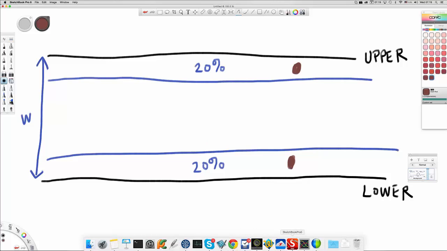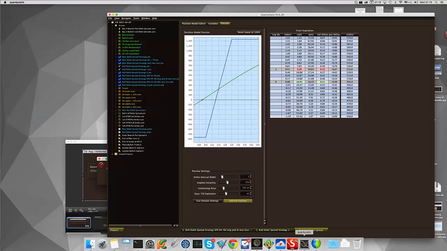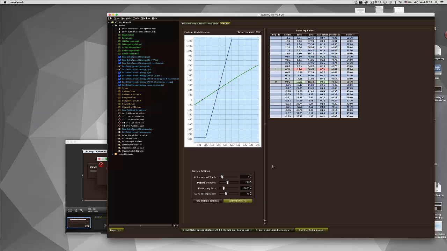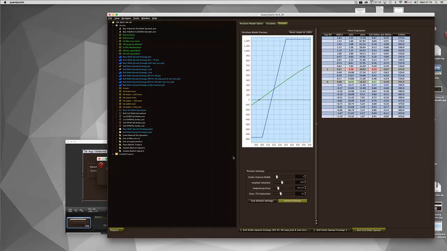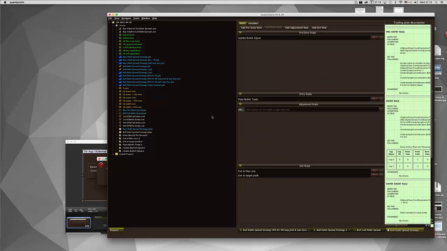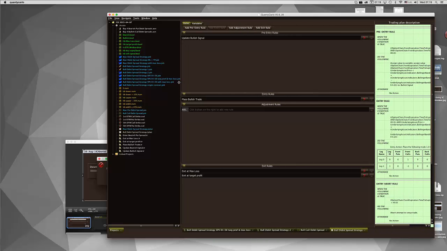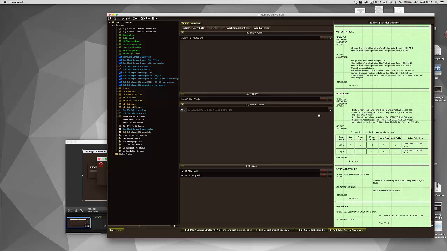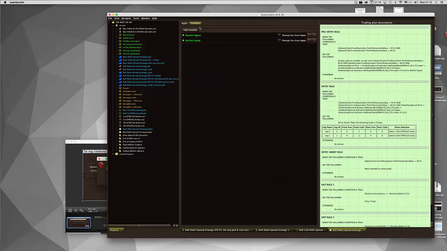So I will switch back to the QuantyCarlo interface here. Now, I started out with some simple expressions. Let me just show you what I did with my bullish trading plan, okay? This is my bullish trading plan. Now, I created a couple of variables here.